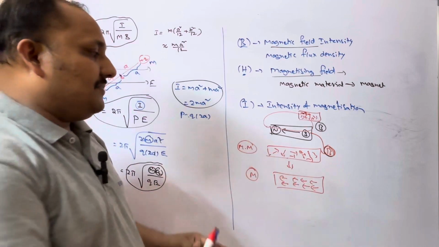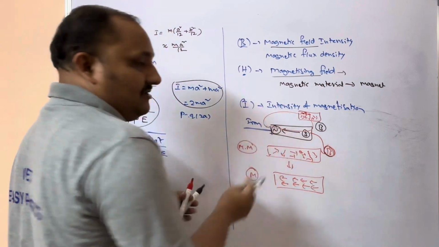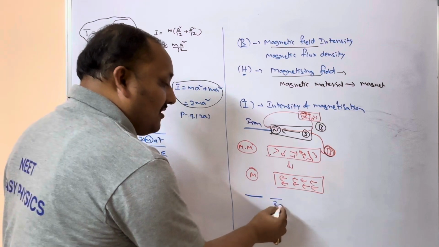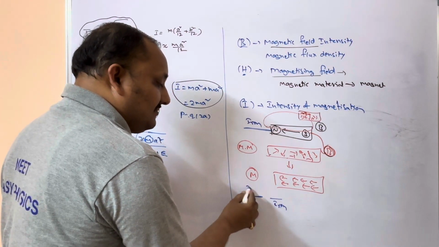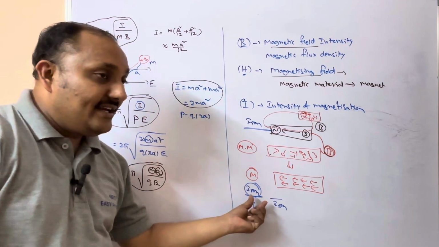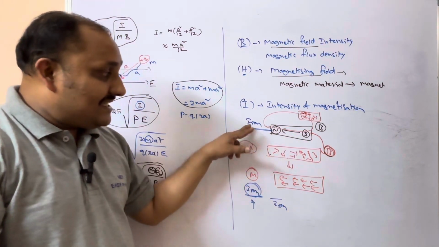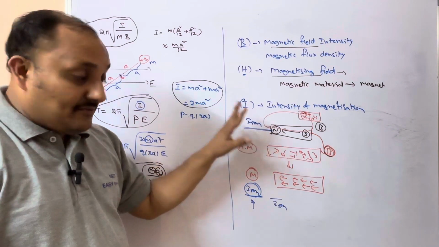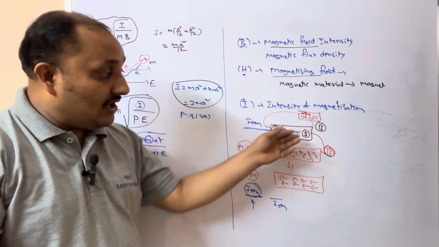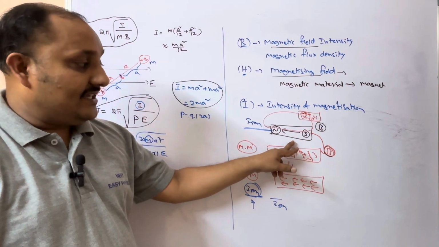For example, if you place an iron needle on a magnet and then remove the magnet, this iron needle will attract another small iron needle, because it is acting as a temporary magnet. It became a magnet only for some time because of the other magnet. Now this B we can call the magnetizing field for this iron, and the magnetic field for the magnet.